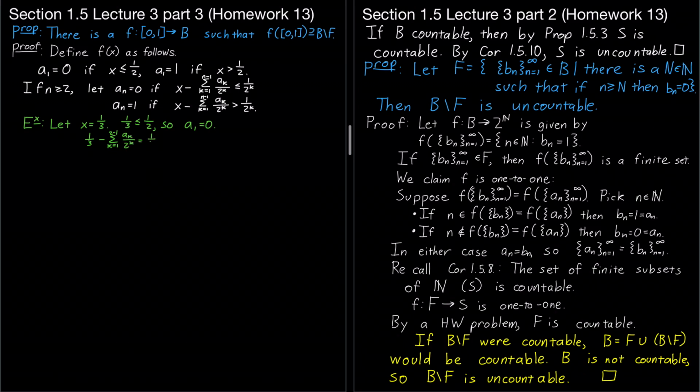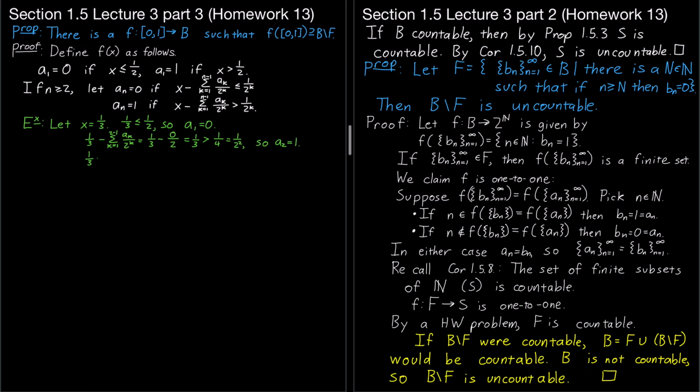That's 1/3 minus, and then there's only one k value, minus 0 halves, is 1/3, which is greater than 1/4, which is 1/2 squared. So a2 is equal to 1.